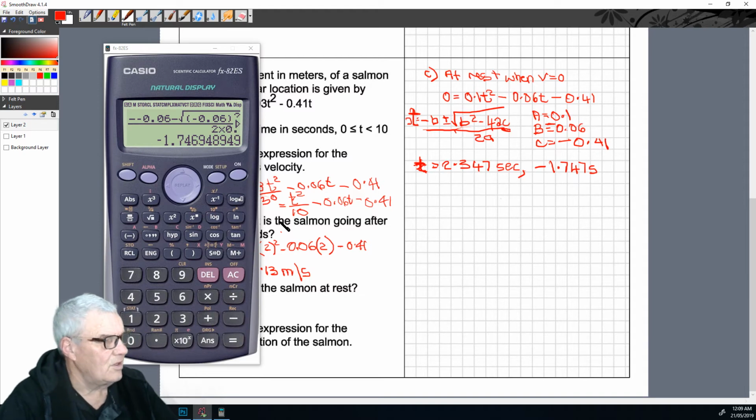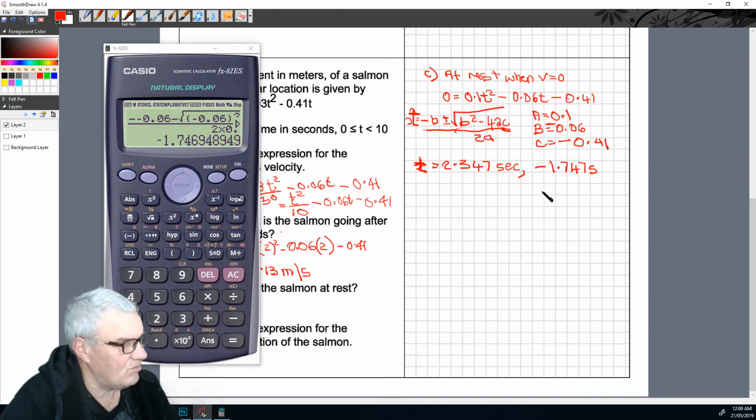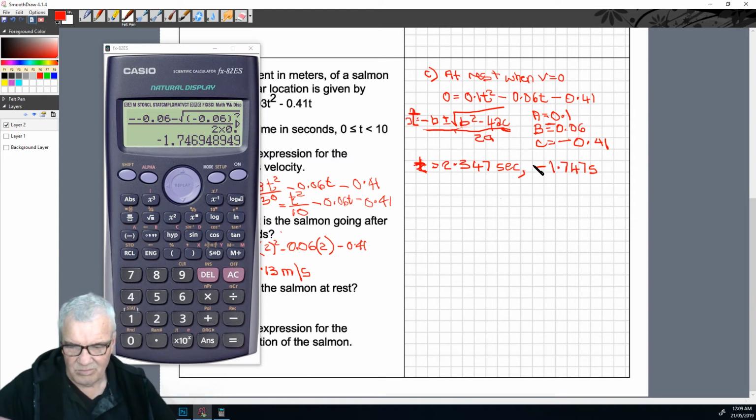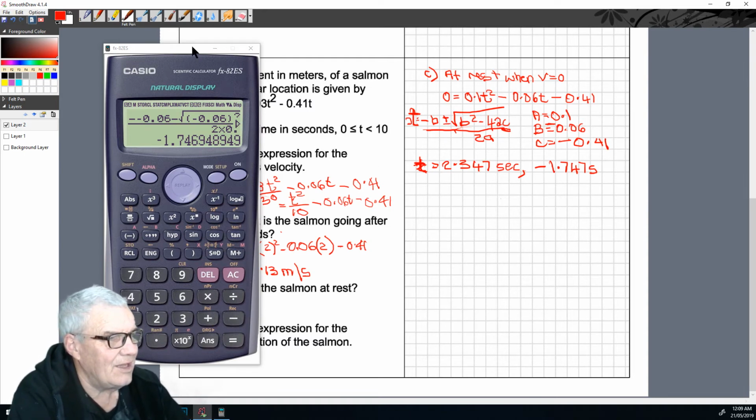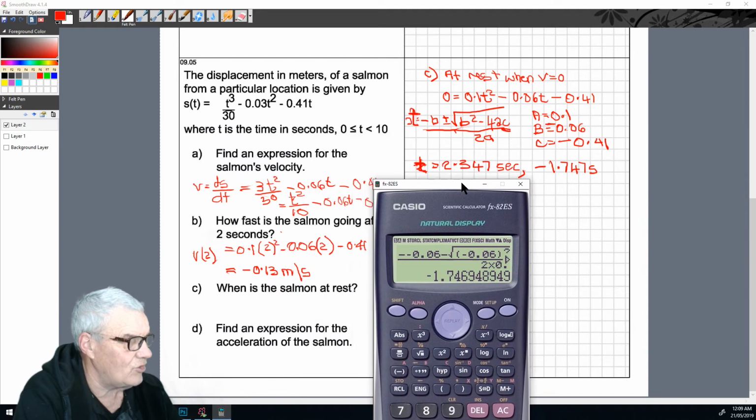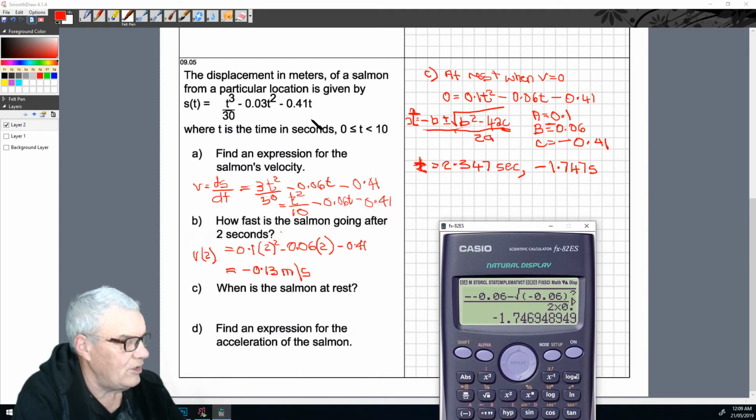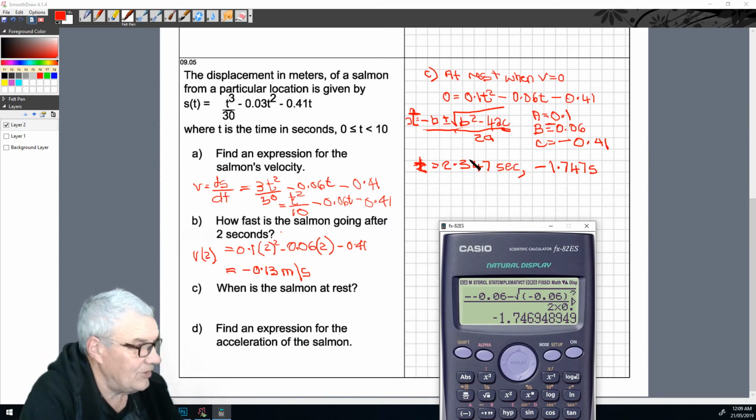Okay, now that one there's not going to be an option because it's a negative value, so it's before our calculation. You'll see, because the formula only works between 0 and 10. So that's the range it's given here, so we can reject that one because it's not a viable option.